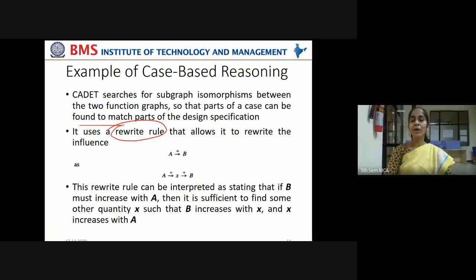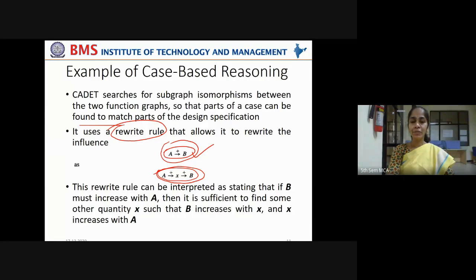Another important feature of this case-based reasoning is that it uses a rewrite rule that allows it to rewrite the influence A to B as A to X and X to B. What is this? Say B is increasing with respect to A. If such a structure is not available, you can rewrite the rule as: B is increasing with respect to X, and X increases with respect to A. This is almost matching the similar structure.